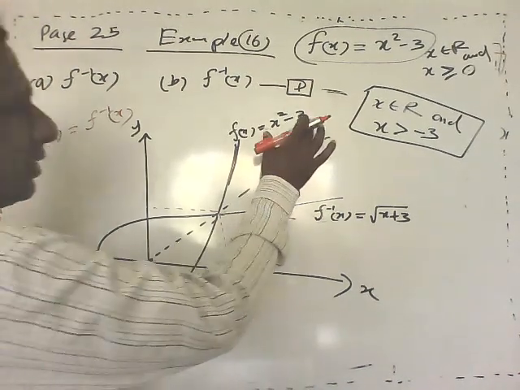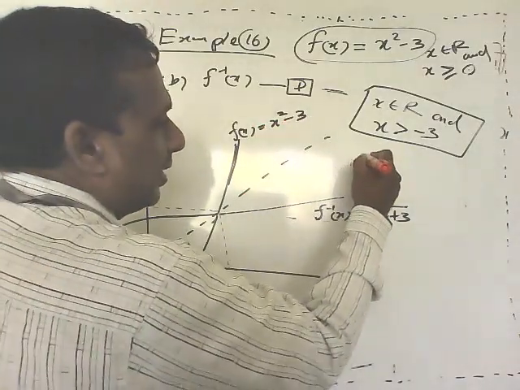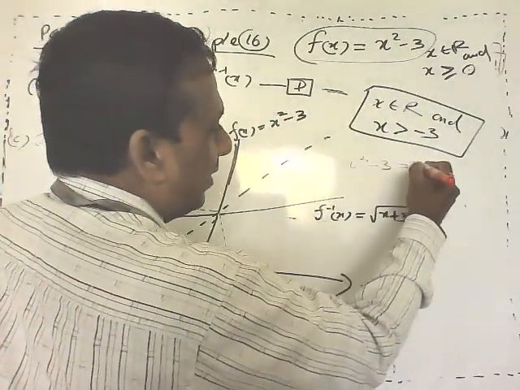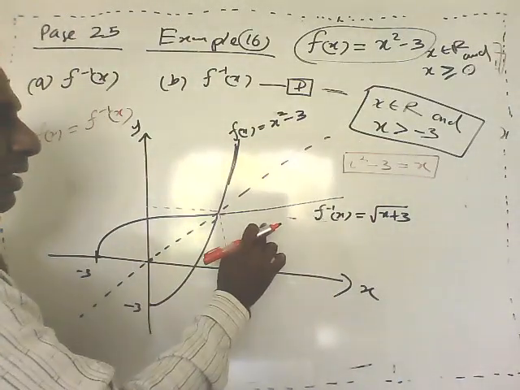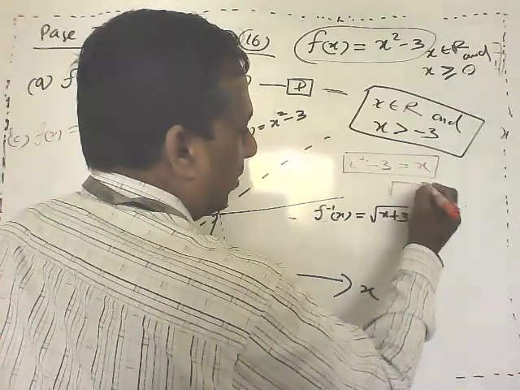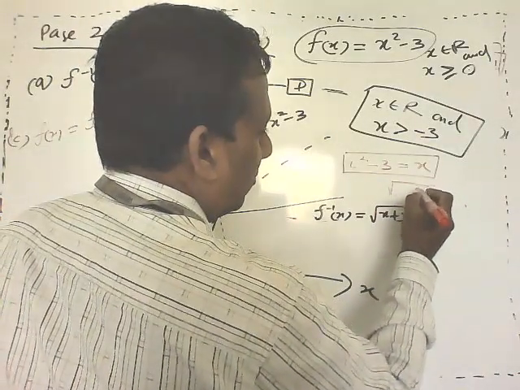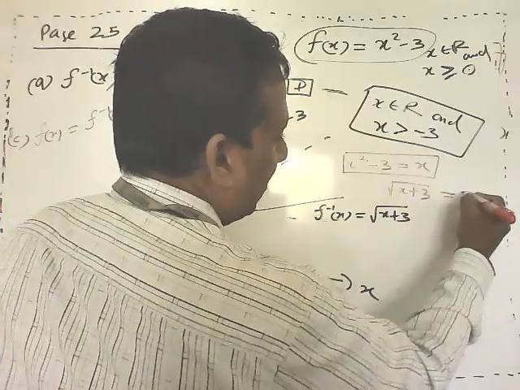We can take this one and solve this: x squared minus 3 equals x. And also we can take this one, the square root of x plus 3 equals x.